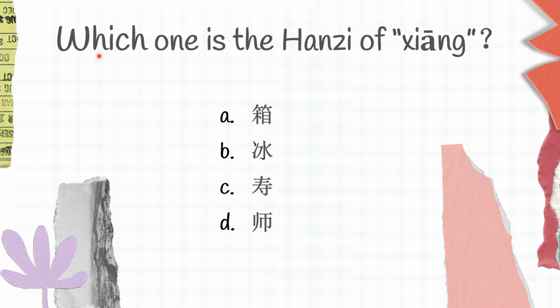The next one, which one is the hanzi of xiang? Please try to guess first. A, 香, B, 冰, C, 瘦, D, 湿.